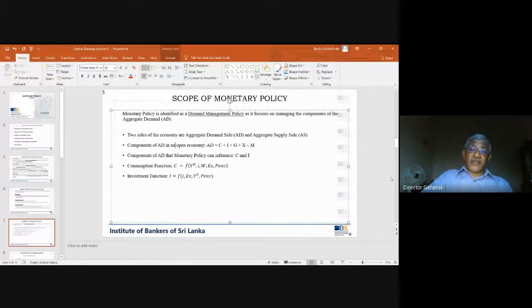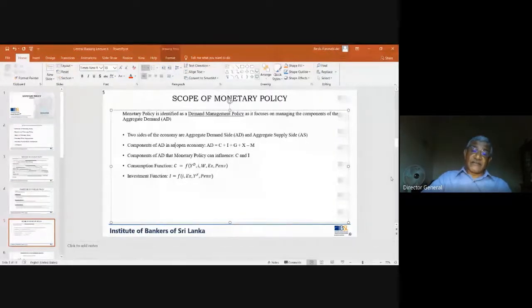The monetary policy is considered as the demand management policy, indicating that the central bank can influence the aggregate demand. Components of aggregate demand are C plus I plus G plus X minus M. Does that mean central bank can influence all these components of aggregate demand with the equal intensity? Somebody can raise that question.